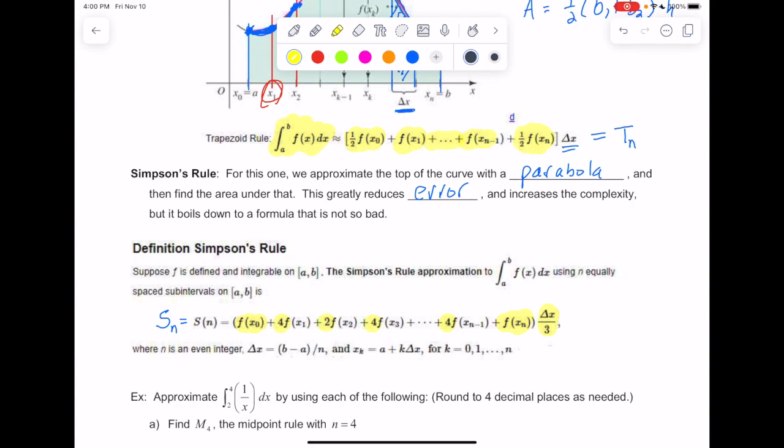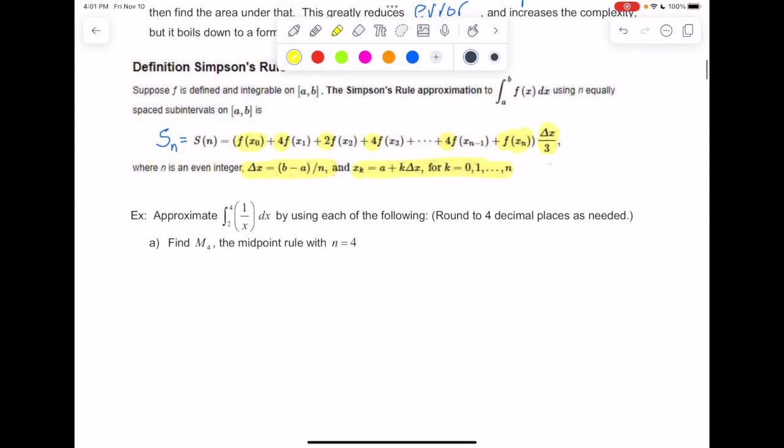And then we have our formula for delta x, which we're familiar with already, b minus a over n. And then they even give us a reminder of how to find the different values of x from x0 to x1. And we'll see an example of doing that as we head off into the next part.